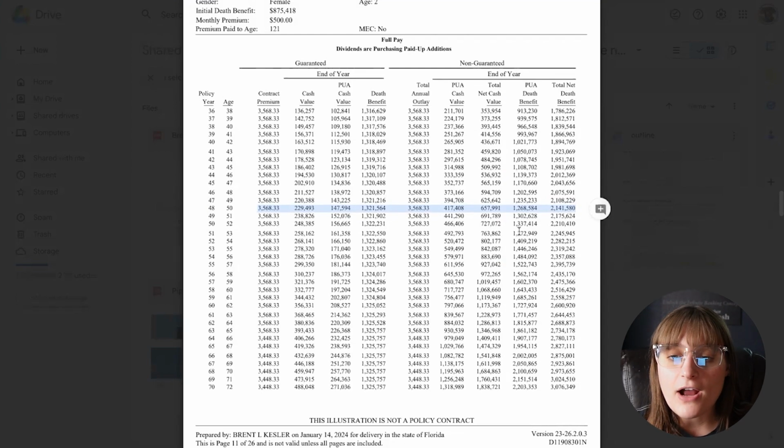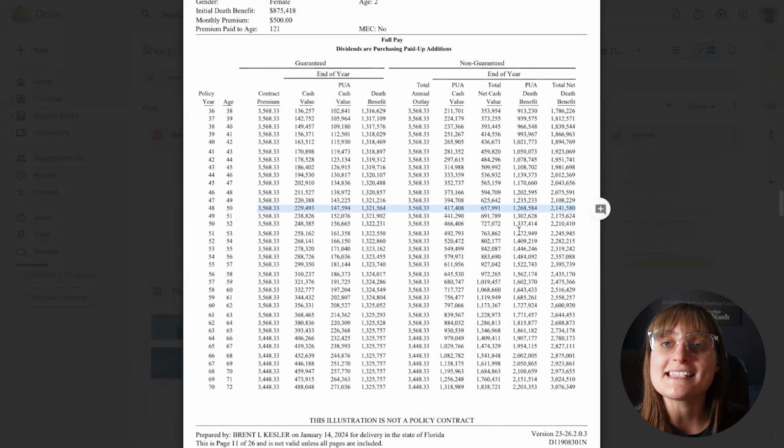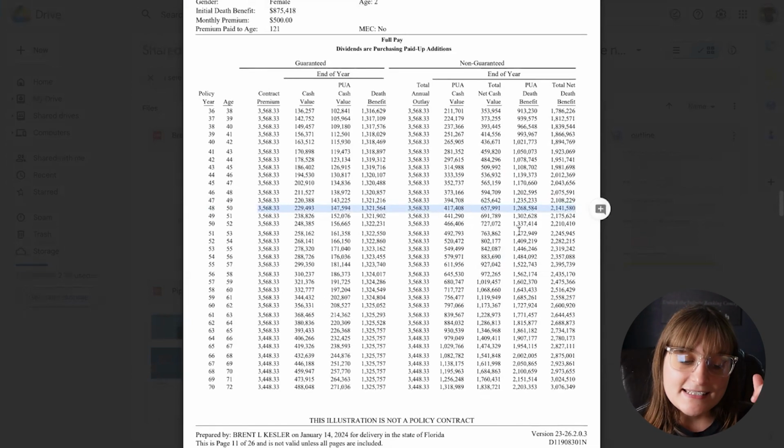Well, age 49, she had 625,000 of cash value in the policy, and it grew to 657,000. 657 minus 625, that's a $32,000 growth when she is age 50 years old with a $3,600 net injection into the policy.